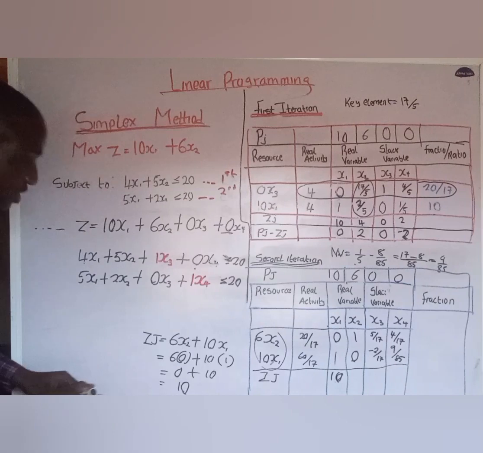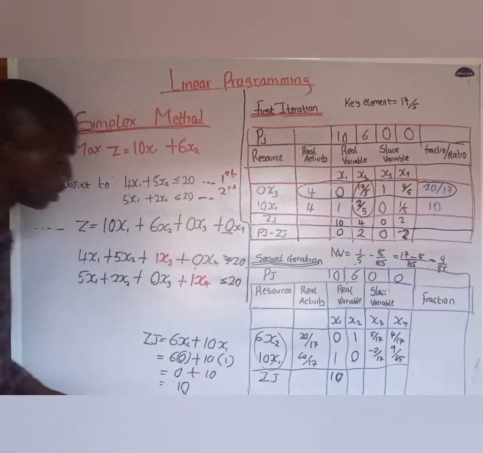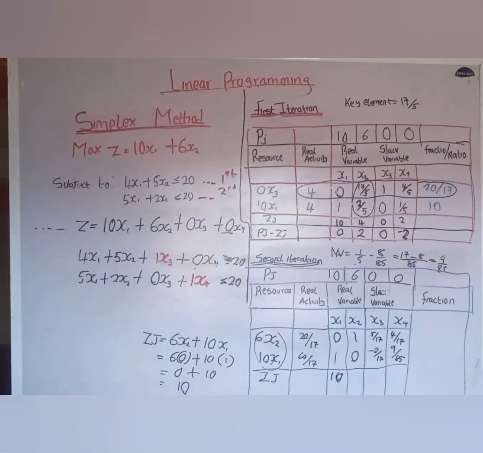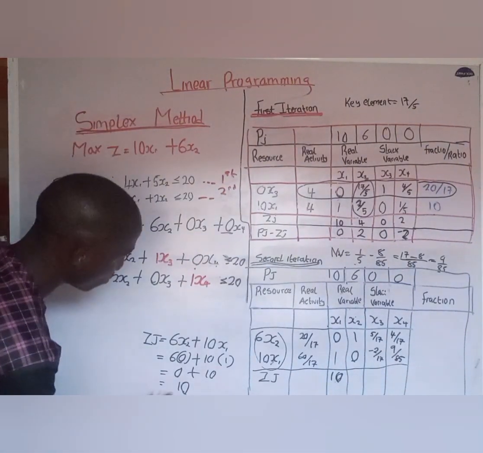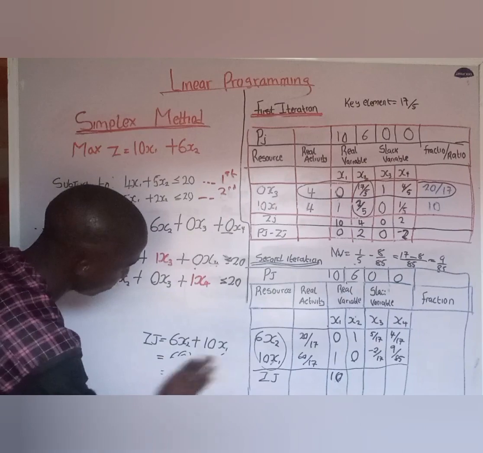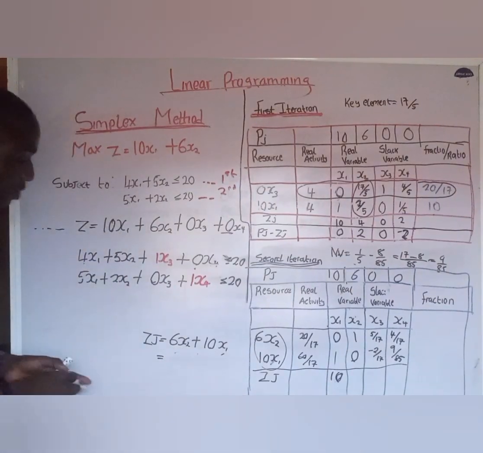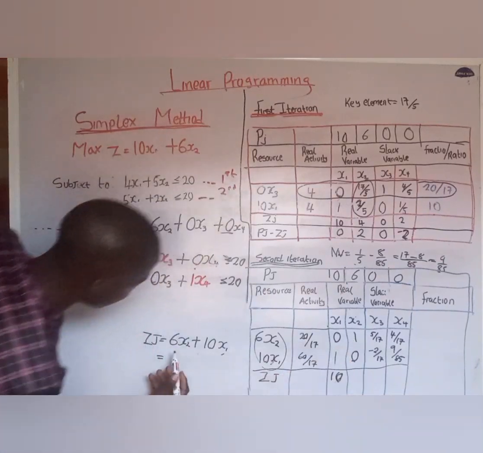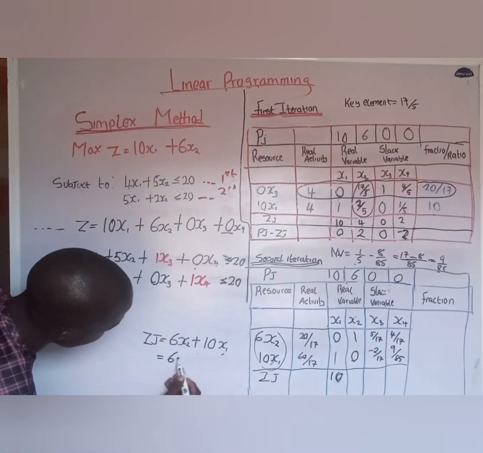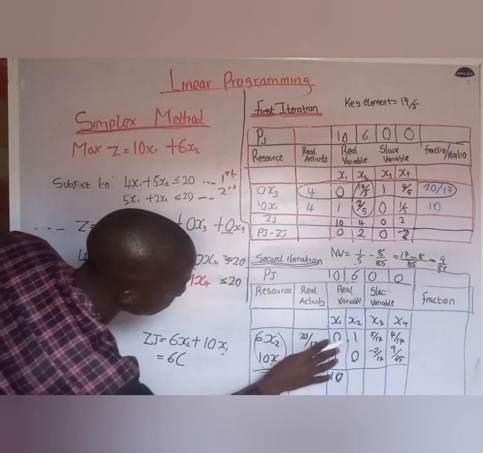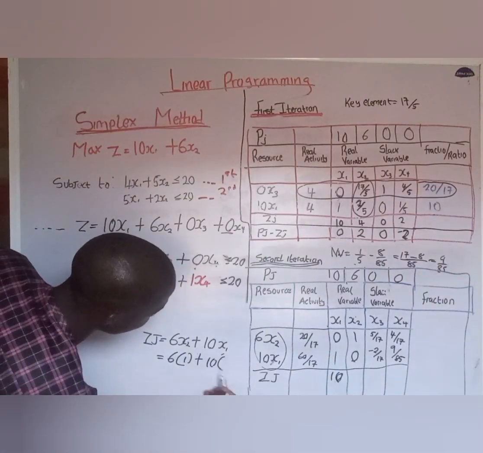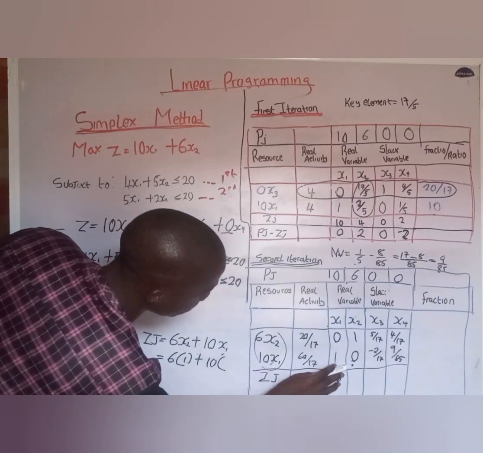Now to get the value of zj for the column x2, I'm still going to use this formula, but the element is going to be changing. Instead of 1 here, I'm going to have 6 into bracket the corresponding value in that column, which is 1, plus 10 into bracket the value of this column, which is 0.